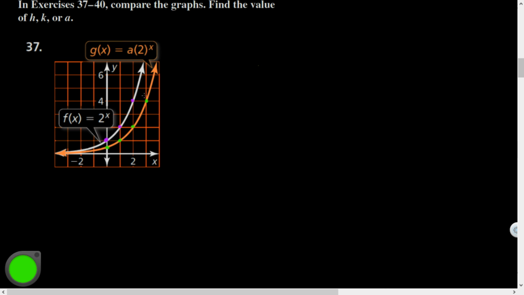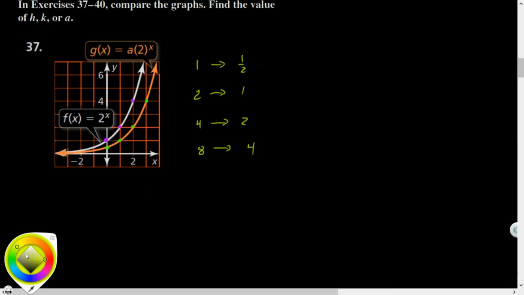By what factor were they shrunk? If 1 became a half, if 2 became 1, if 4 became 2, and 8 became 4, what's happening to all of those values? They're being divided by 2?